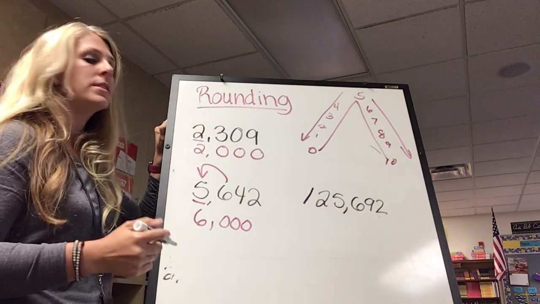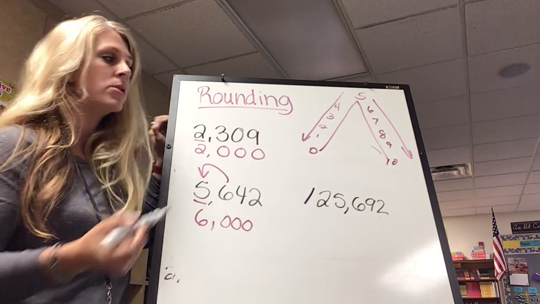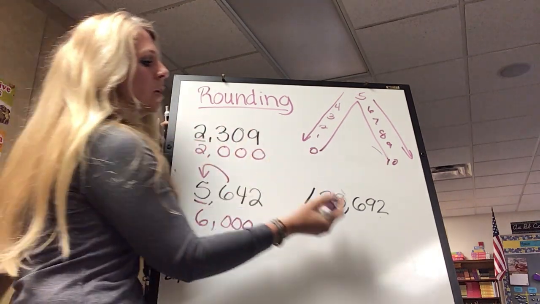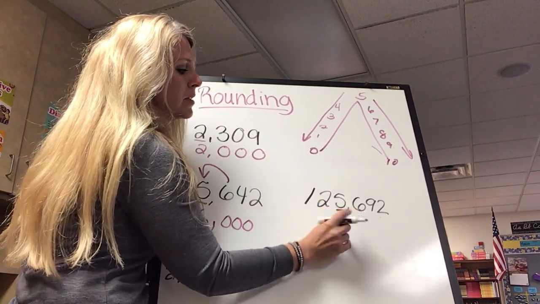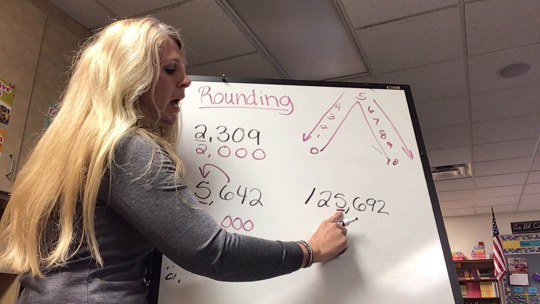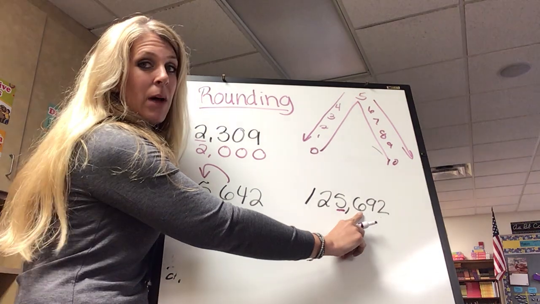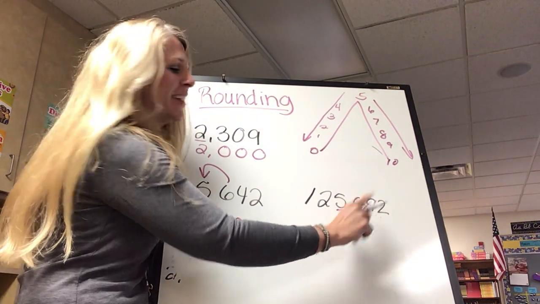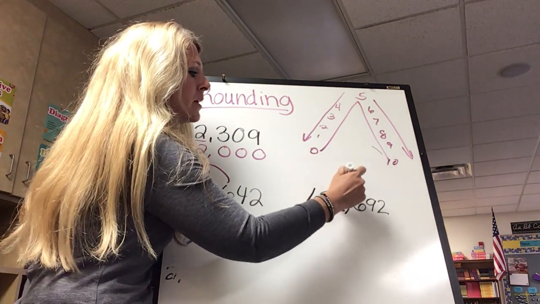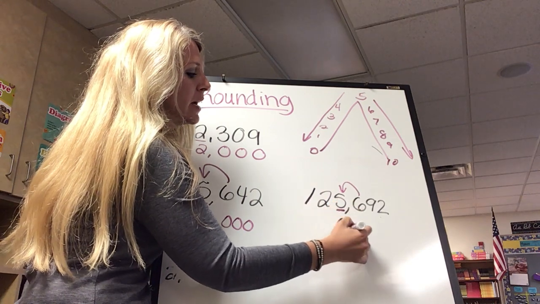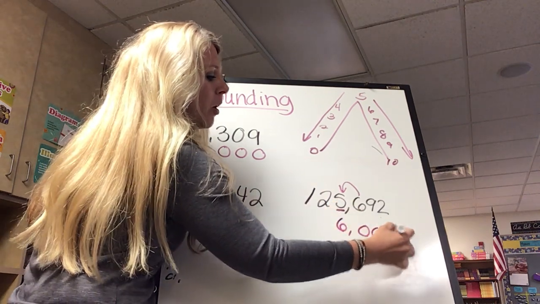125,692? Let's say I still want to round that number to the nearest thousands place. So I'm still going to underline, this is the place value I'm looking at, and I'm still going to look to the right, and I know 6, does it round up or down? Hope you said it. It rounds up. So I'm going to change my 5 to a 6, and I'm going to zero it all out.